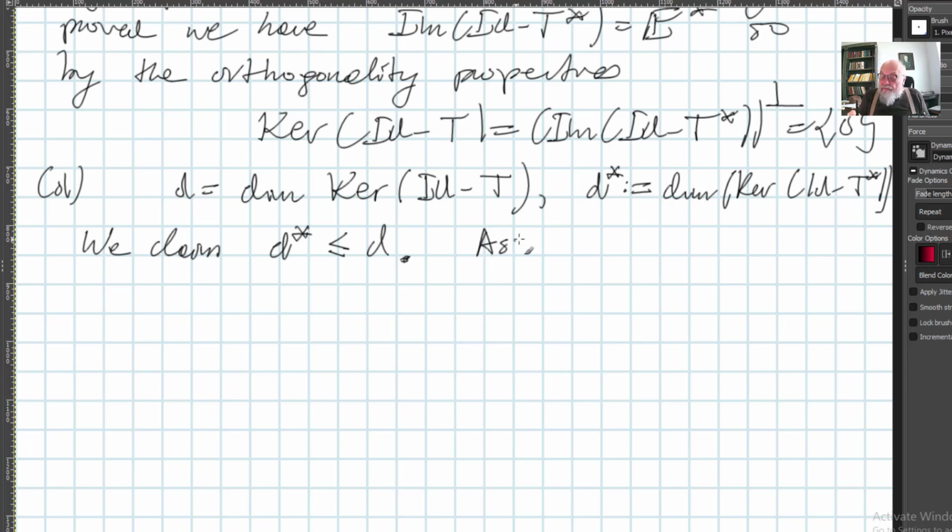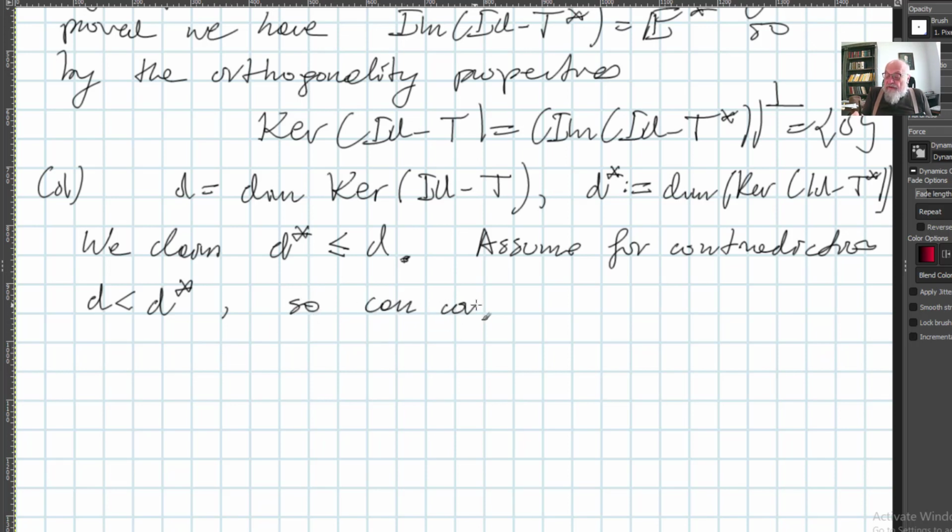So assume for contradiction that D is strictly smaller than D star. Let me do this. What does it mean? That means simply that I have here the kernel. So we can consider the decomposition, the topological decomposition.